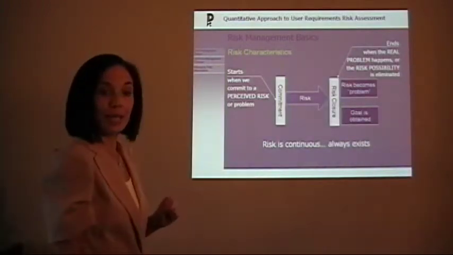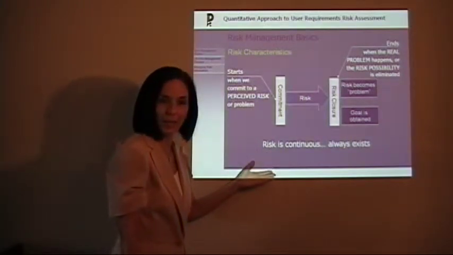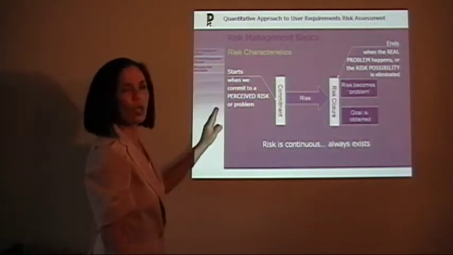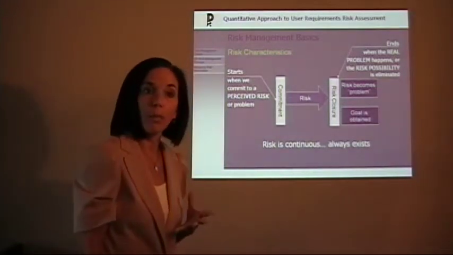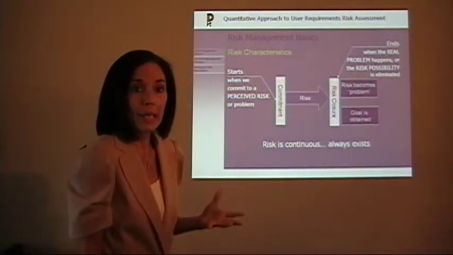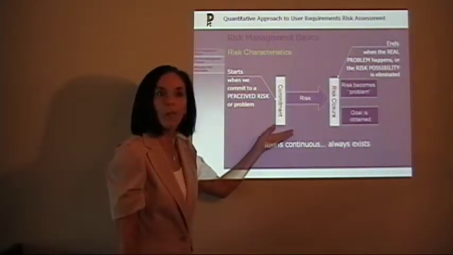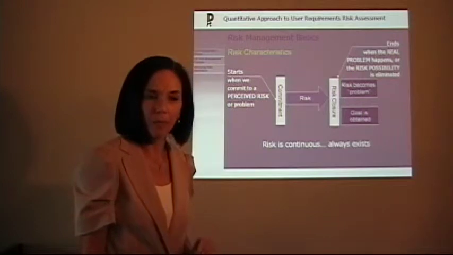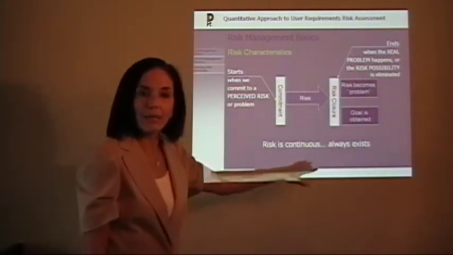Another risk characteristic is that risk is continuous; it always exists. What do we mean? Normally, risk starts the moment we commit to a perceived risk or problem. For example, when do we commit to the implementation of a software system? The moment we decide that yes, we want to bring that system to our organization. We are committing to all of the risks that that computerized system is going to bring to our organization. And when does risk end?